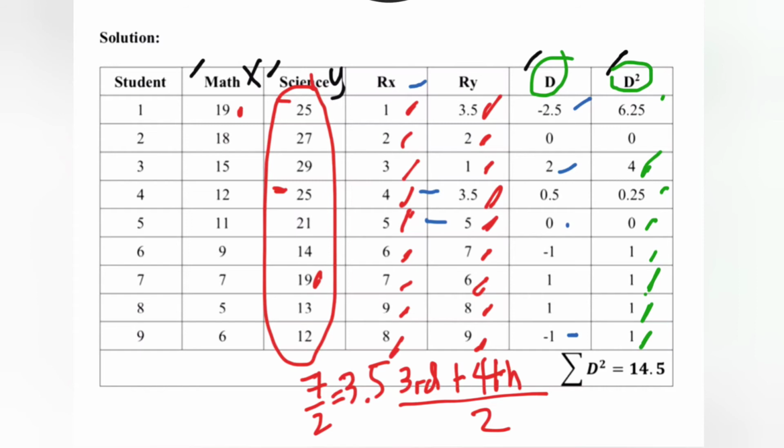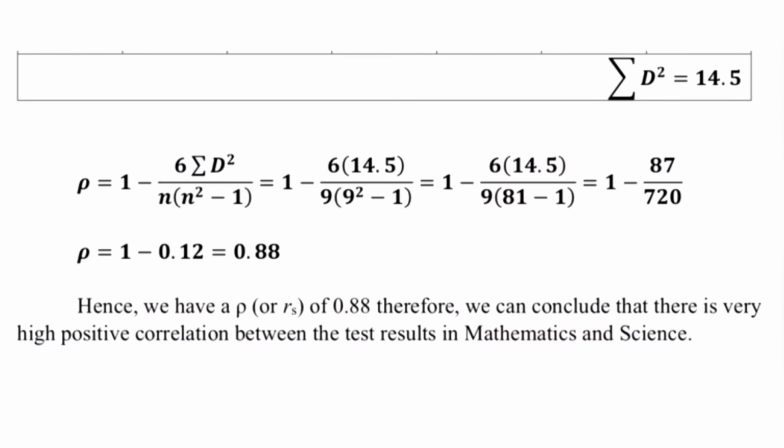So, let us proceed to the next step. What step are we in? We have gotten the rank of the first values, the rank of the second, we have gotten d, and we have gotten d squared. Therefore, the fifth step is computing the Spearman itself. Given our summation of d squared of 14.5, our formula is 1 minus 6 times the summation of d squared all over n times n squared minus 1.